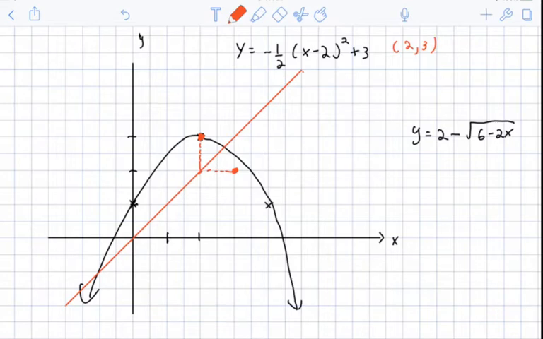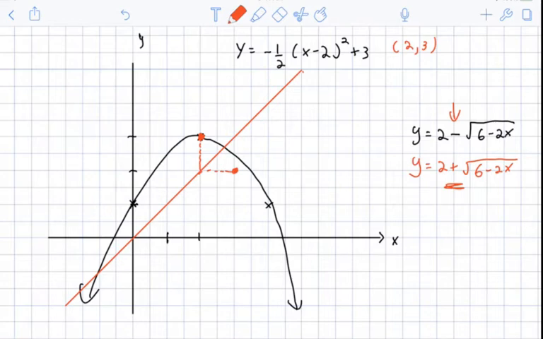Well, the other side of it, there's going to be 2 sides of this. 2 plus 6 minus 2x. And one of them is going to be increasing. The other is going to be decreasing. I think it's the one that's decreasing is the one to the left of the parabola.